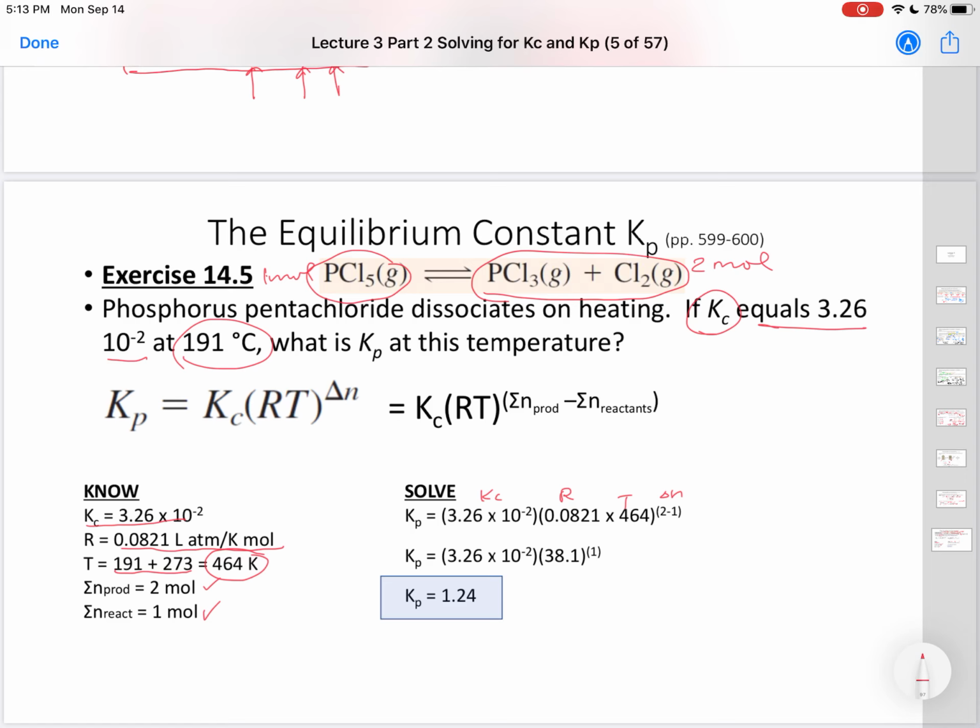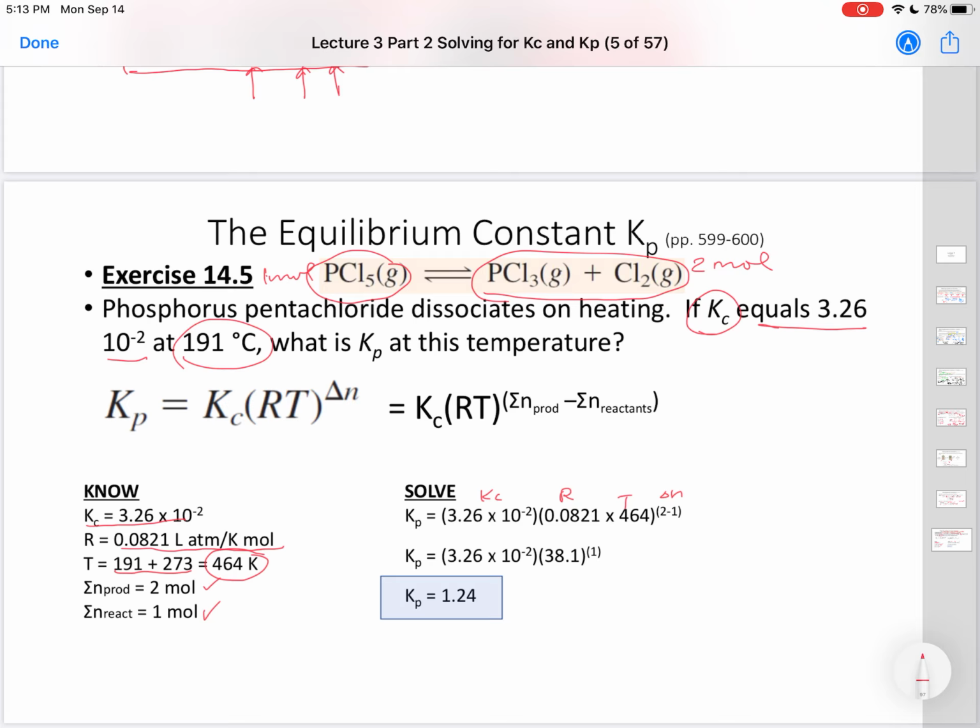And doing all this through, if you plug it in your calculator, you should get 1.24. So this is how you would calculate Kp instead of Kc. And really, it's just an easier way when we do this in lab, because oftentimes we would like to measure the pressure rather than the concentration using a spectrometer.